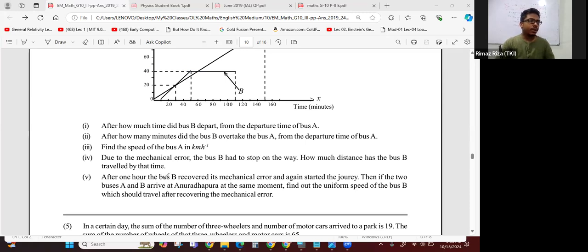After 1 hour, the bus B recovered from its mechanical error and again started the journey. Then if the two buses A and B arrive at the destination at the same moment, find out the uniform speed of the bus B which should travel after recovering from the mechanical error.